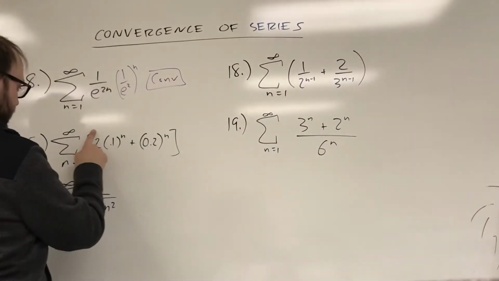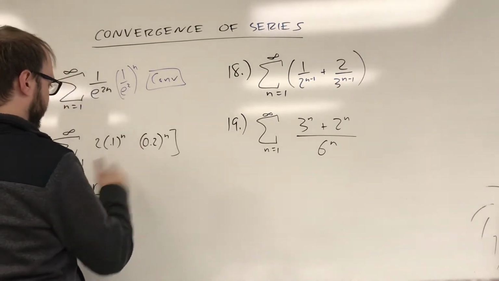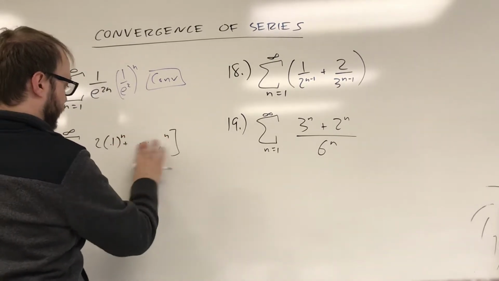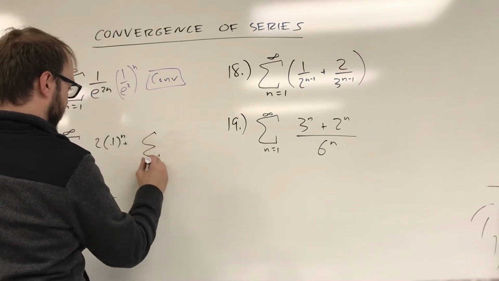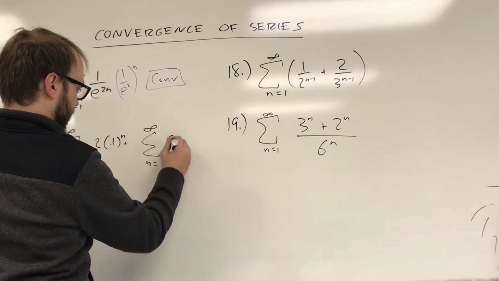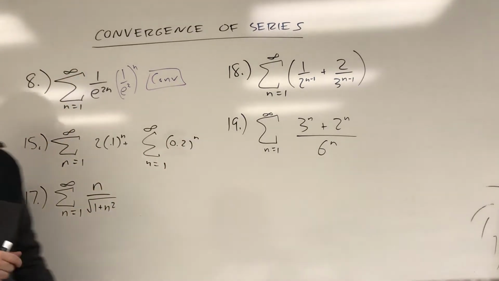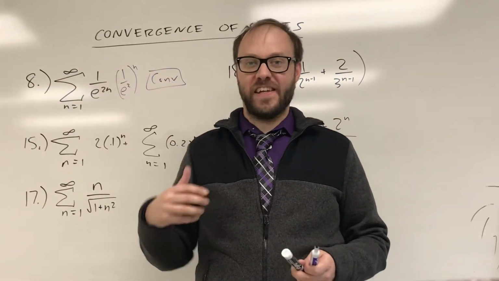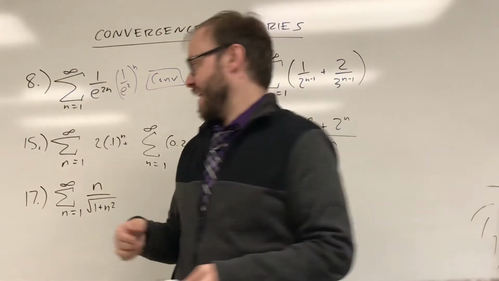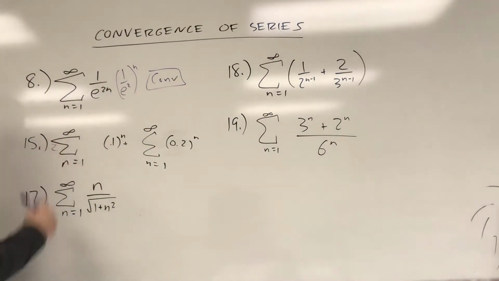And let me see if I can adjust that just slightly. So this is really the same thing as that, okay? And also, just like with derivatives, remember that you can divide a constant out of terms of a series. And so if you need to divide this 2 out front, you can bring that 2 out in front.